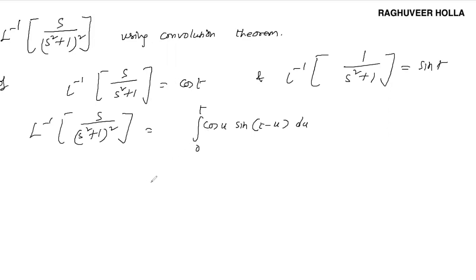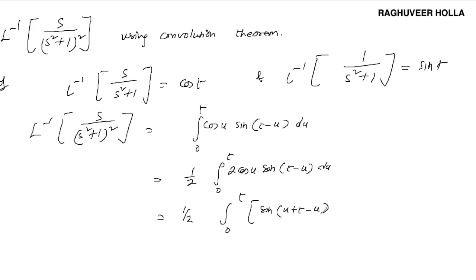So this is 1 by 2 integral 0 to t 2 cos u sin t minus u into du, or 1 by 2 integral 0 to t, now this will be sin u plus t minus u minus sin u minus t plus u, into du.